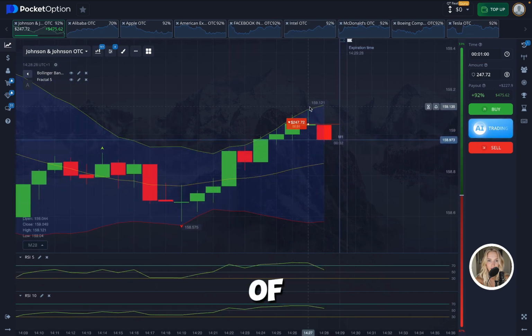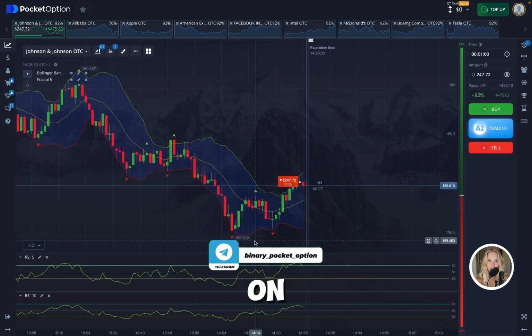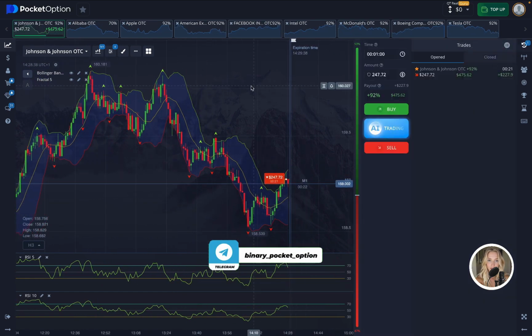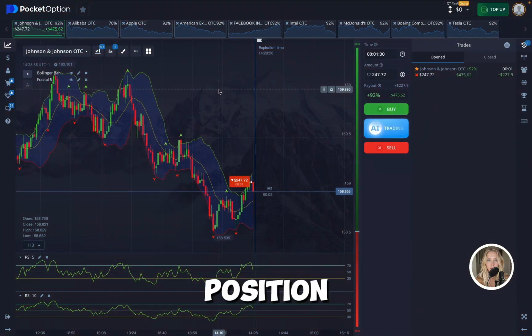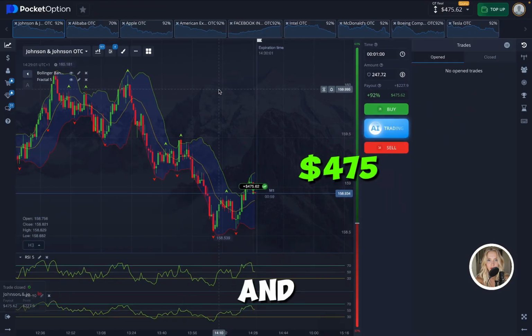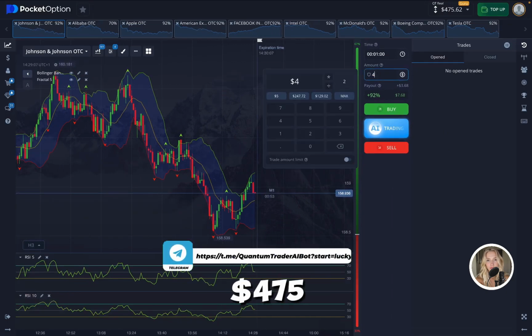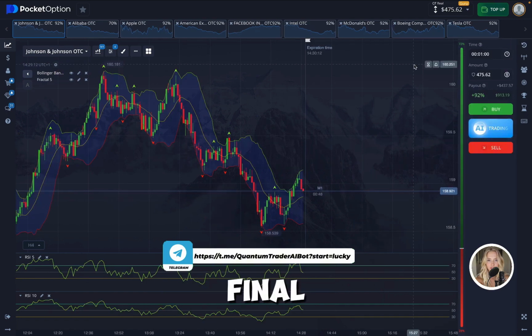Also, a few touches of the upper band, and at the key touch, we see the exit from the overbought area on one of the oscillators. So we open a position on the downside. Let's see the result. And the position also closes in plus, and as a completion, we open one more trade for the amount of $475. Let's continue and pick up the final asset.